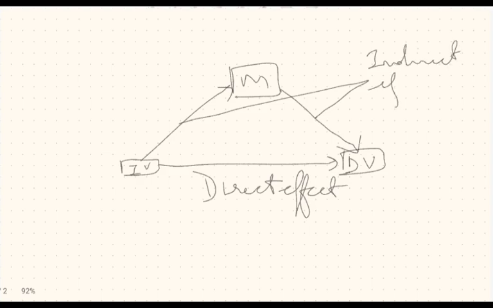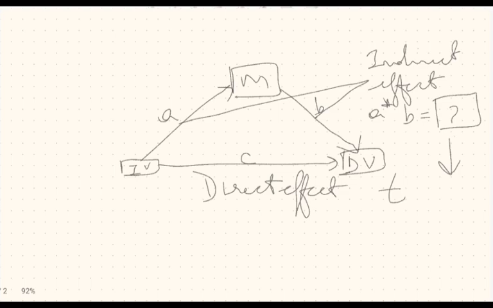Basically, the indirect effect is the multiplicative effect of path A and path B. This is path C. The direct effect is path C. So when you multiply the path coefficient A with path coefficient B, you get a certain value. We have to check whether this value is statistically significant.